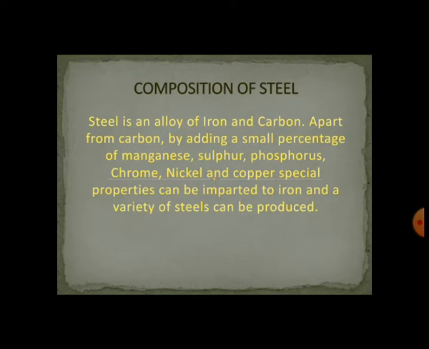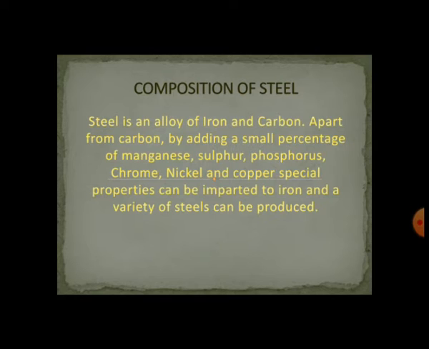What is the composition of steel? Steel is an alloy of iron and carbon. Apart from carbon, by adding small percentages of manganese, sulfur, phosphorus, chrome, nickel and copper, special properties can be imparted to iron and a variety of steels can be produced.